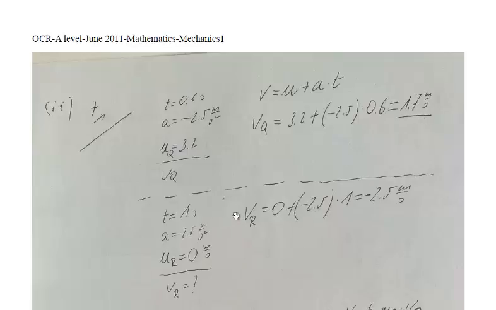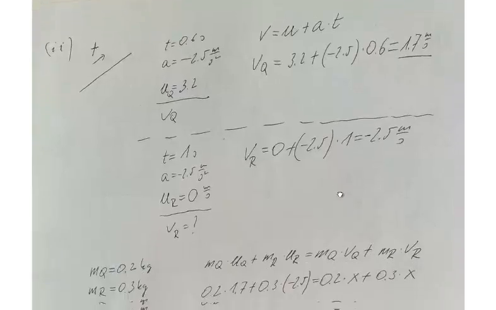This is for R. It is important that time is 1 second because it's 0.4 plus 0.6. Initial speed is 0, so we use this formula and we get that its velocity is minus 2.5 meters per second.